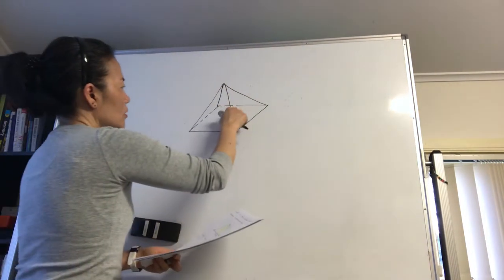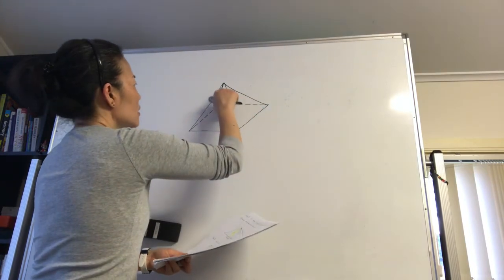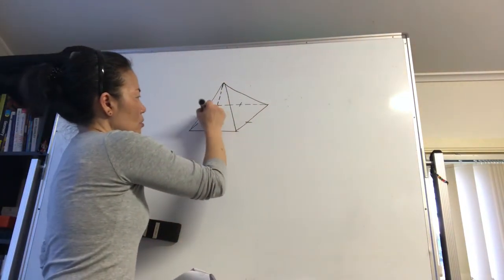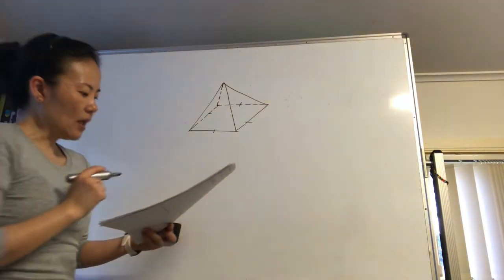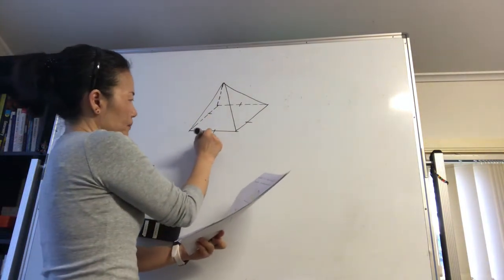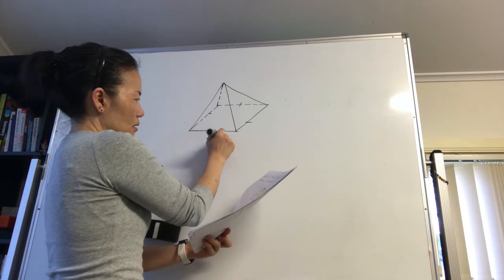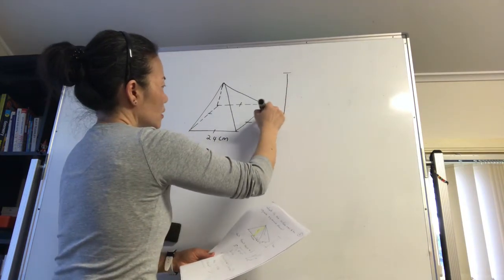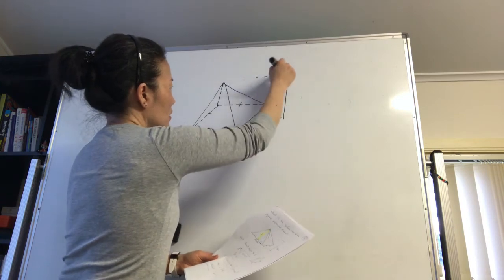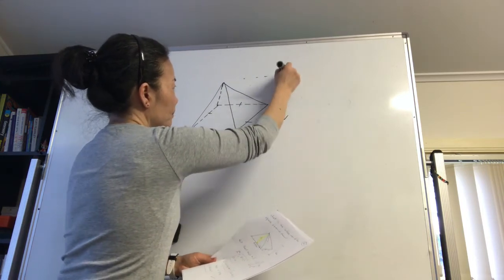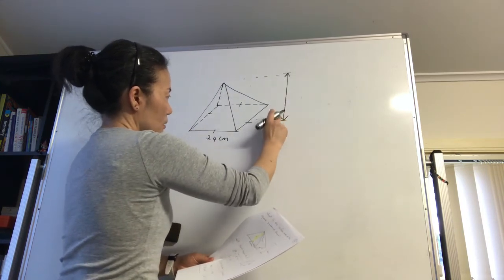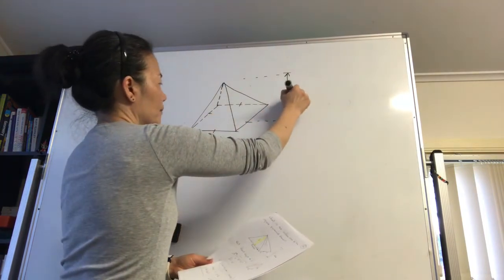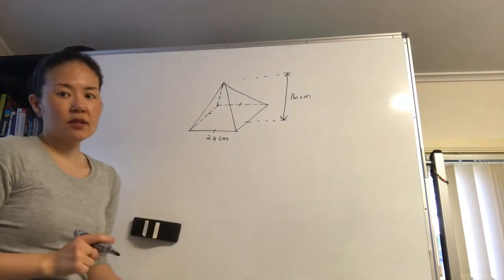Okay, so it's a square pyramid, so the base sides are all the same. And that's 24 centimeters. The height of the pyramid is 16. Okay, so that's not too bad.